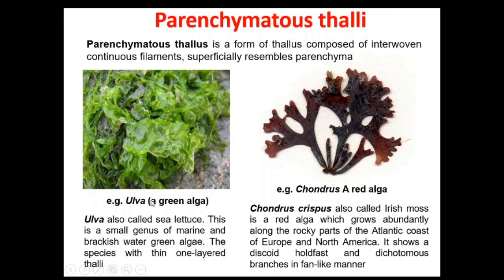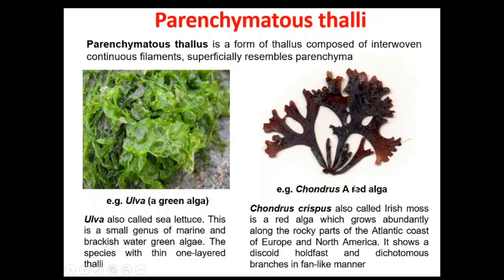Examples are Ulva and Chondrus. Ulva is a green alga, also called sea lettuce. This is a small genus of marine and brackish water green algae. The species have thin one-layered thalli. You can see the characteristic sheet-like thallus of Ulva, which is just one layer in thickness.